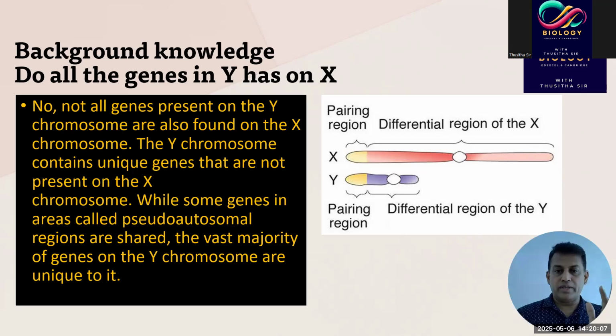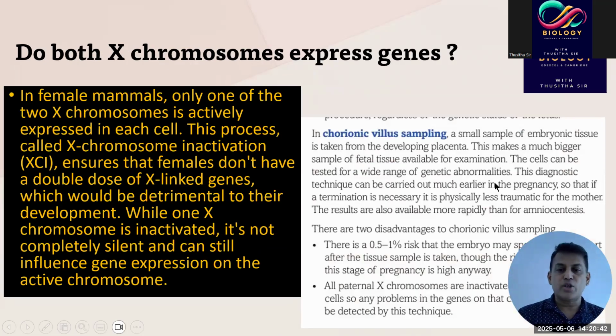Now, the important thing about the X chromosome and Y chromosome, you can see here: only some of the genes are common to both X and Y. The rest are different between X and Y. Even in the Y chromosome, the differential region of the Y has different genes. So only some of the genes are common to X and Y, and most of them are not common.